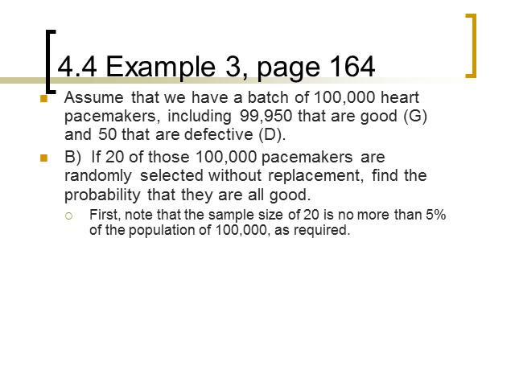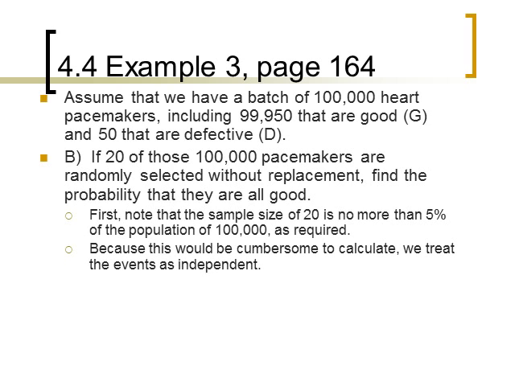First, note that the sample size of 20 is no more than 5% of the population of 100,000 as required. Remember, 5% was 5,000. So as long as we're not using any more than 5,000 for our sample, we can use the 5% guideline. But is this calculation cumbersome?